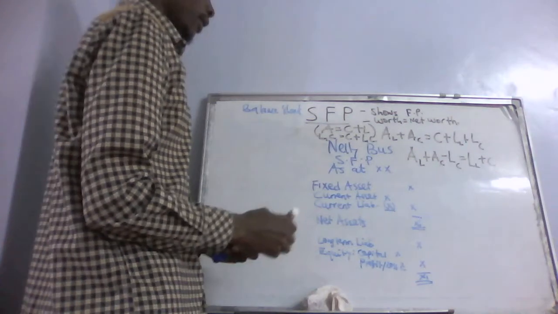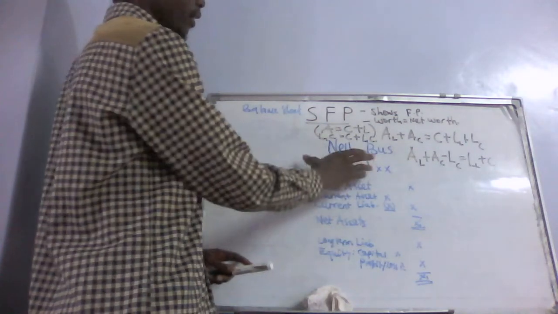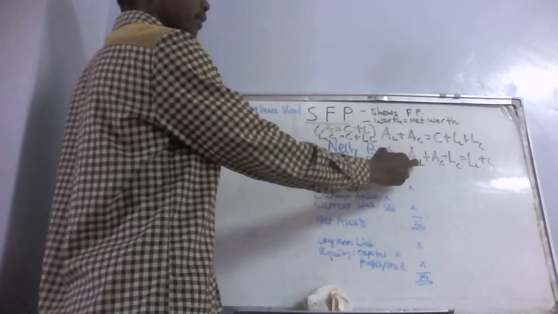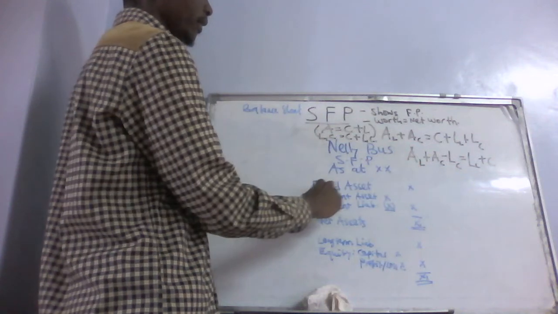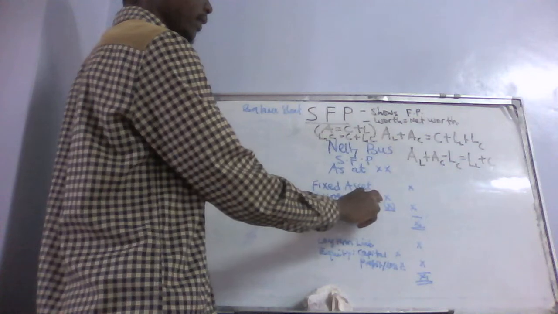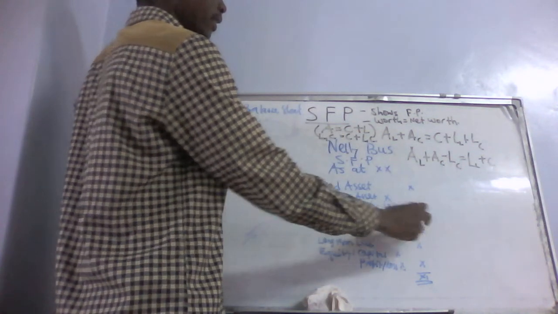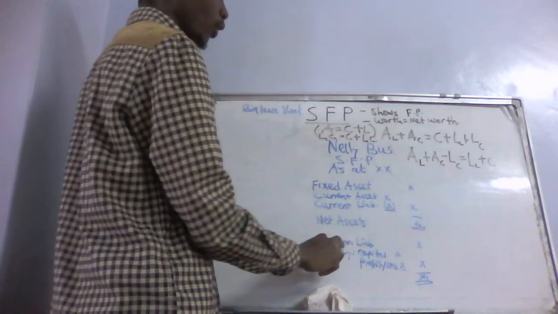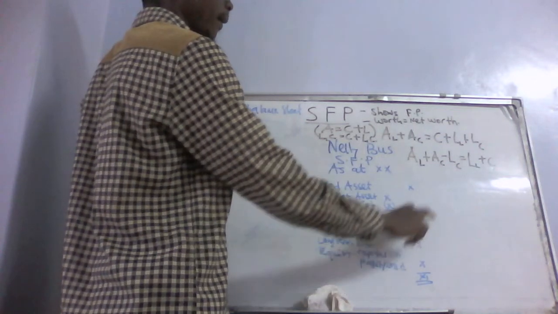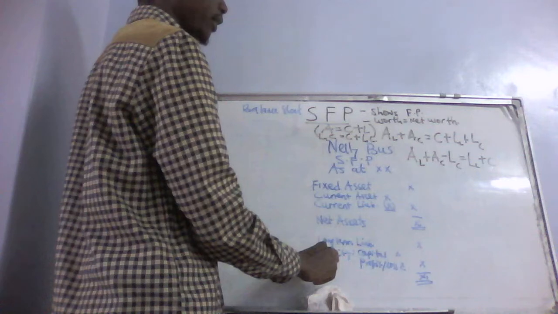So this is what the current format shows. Long-term assets, which are fixed assets, plus current assets less current liabilities, and then this figure is equal to long-term liabilities plus equity, which is capital.